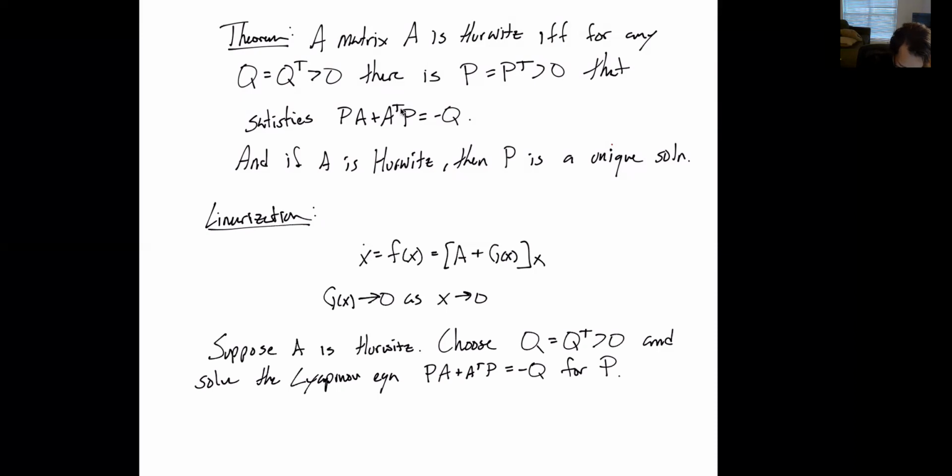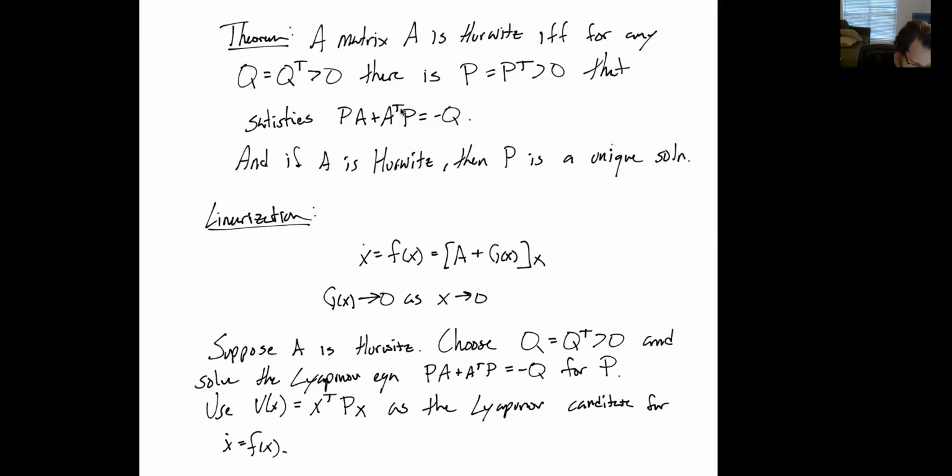And then next we want to use the Lyapunov function V of x is equal to x transpose Px as the Lyapunov candidate for the nonlinear system, x dot is equal to f of x. All right, so what does this look like?